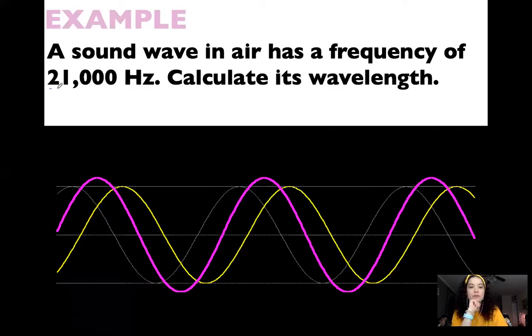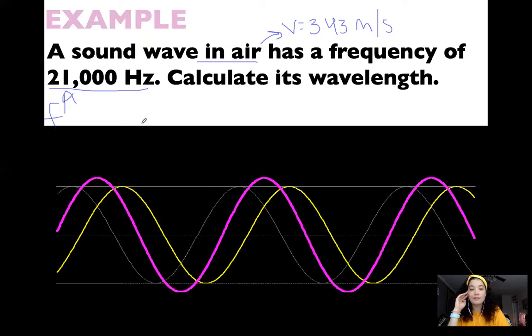let's do it though. So we've got this right here as our frequency. If it's a sound wave in air, we know its velocity is what? 343. Beautiful. We want to calculate the wavelength. So we're going to use that formula, V equals lambda times frequency.